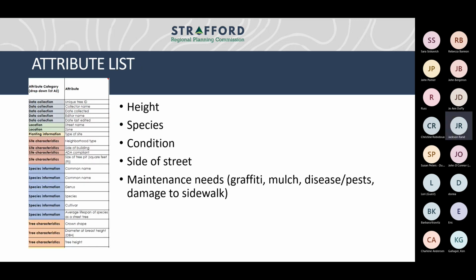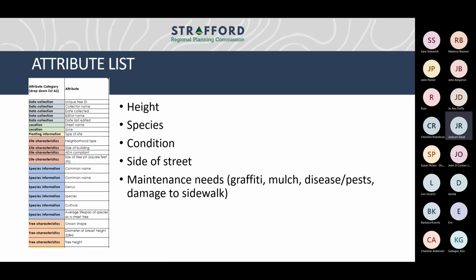So near the beginning of this project, Stratford Regional Planning Commission, as well as EF Design and Planning and the City of Dover gathered to discuss what kind of data we want to collect on each of these street trees. Some of the data we collected was pretty straightforward, such as height, species, and condition of the tree. But we also collected attribute data on things that most people wouldn't consider right off the bat, such as the side of the street.